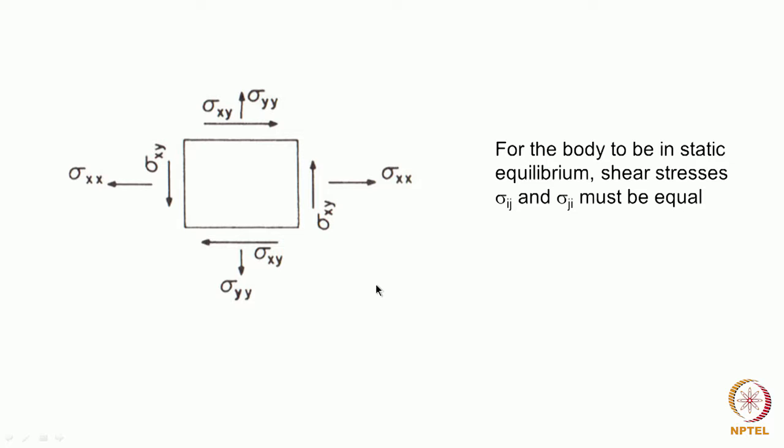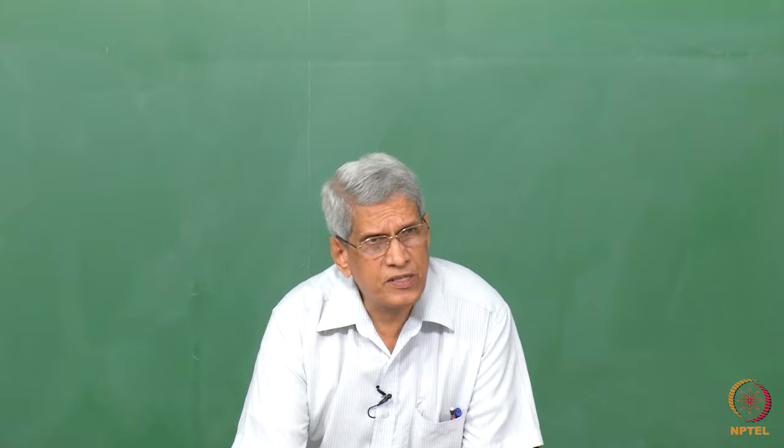Normally, when the stresses are small, the body is in static equilibrium, so the moment has to be 0, because of which sigma xy will be equal to sigma yx. We can write this in a generalized form, sigma ij equals sigma ji. That means we will have 6 independent components of stress.